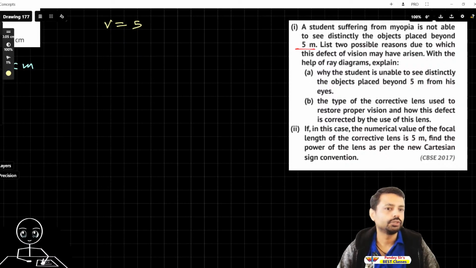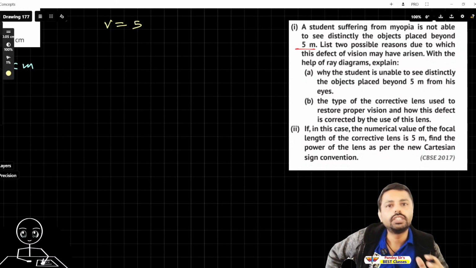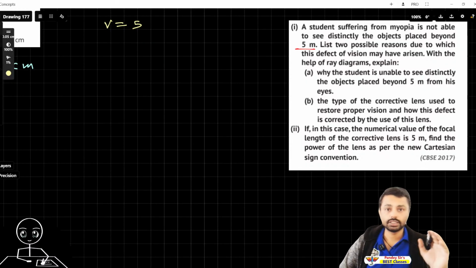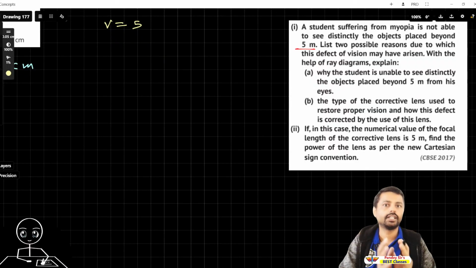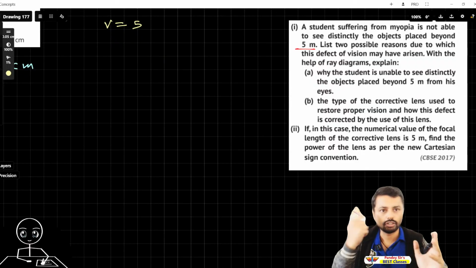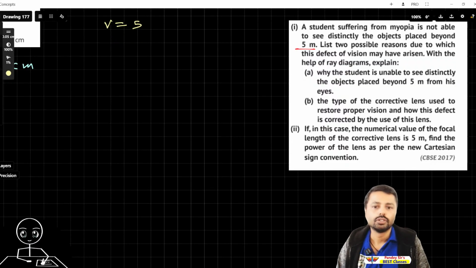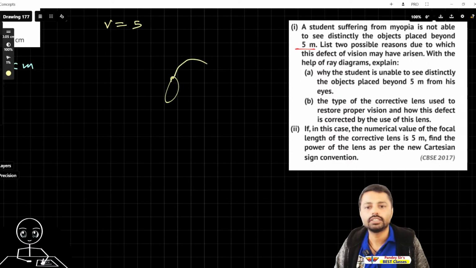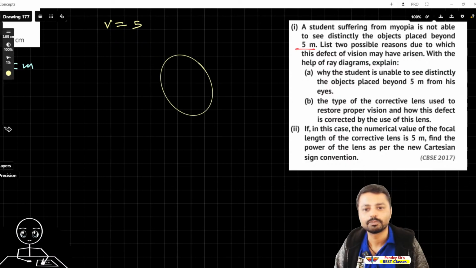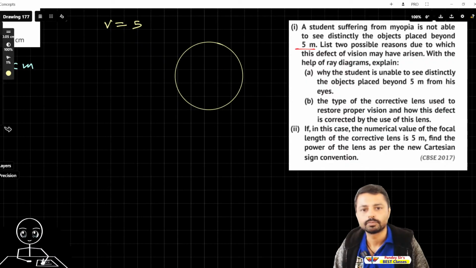List two possible reasons due to which this defect of vision may have arisen. This defect arises due to excessive curvature of the lens and excessive elongation of the eyeball, or enlarging of the eyeball. The eyeball becomes bigger. Usually the lens and eyeballs are like this.